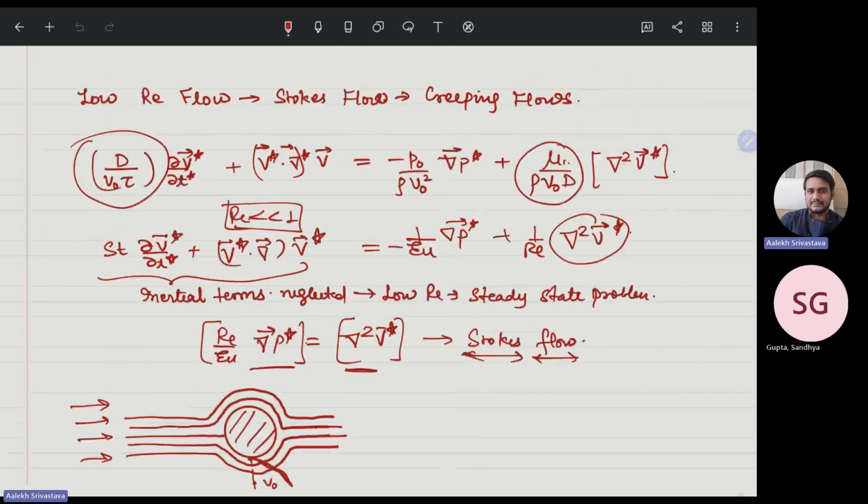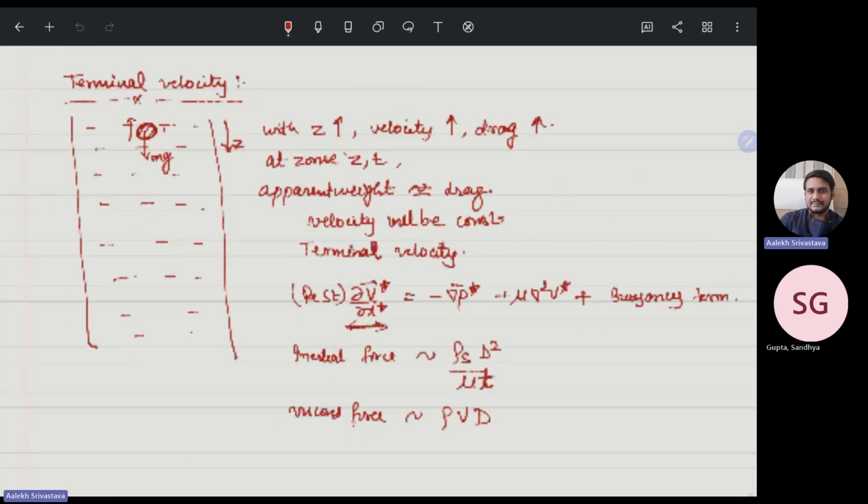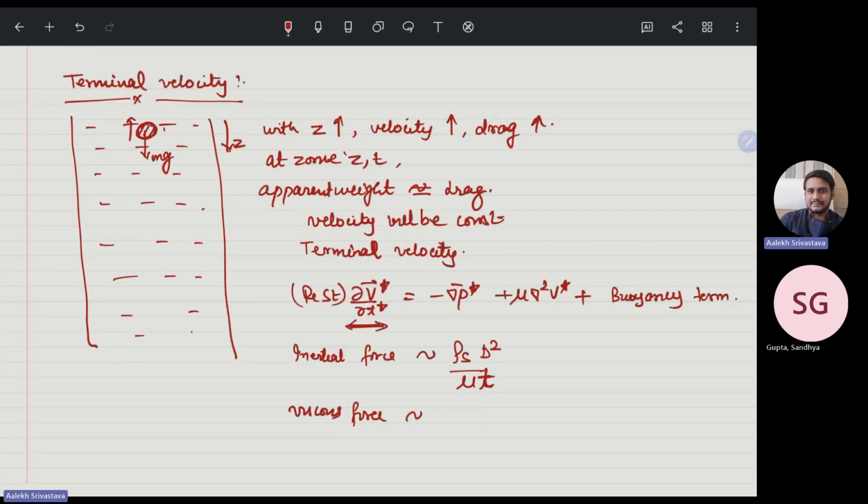Let me see what I have written. It is mu V L, sorry, mu V. It is mu into the velocity into L, or I should say d, because d is a characteristic length.